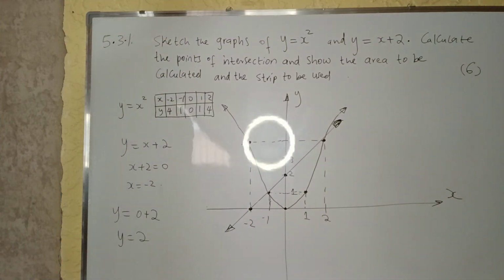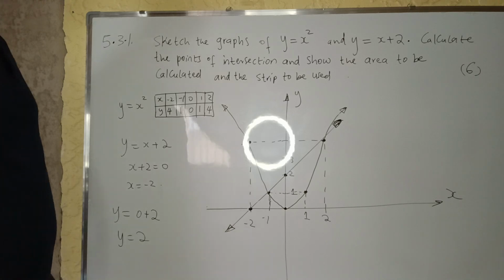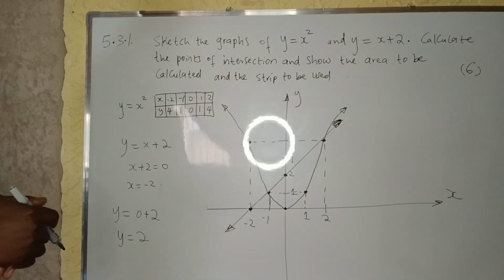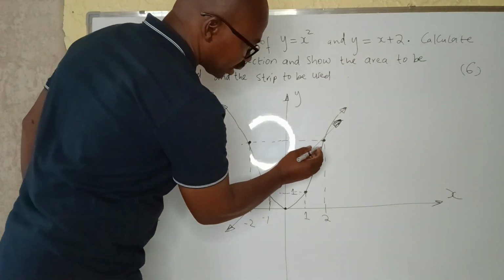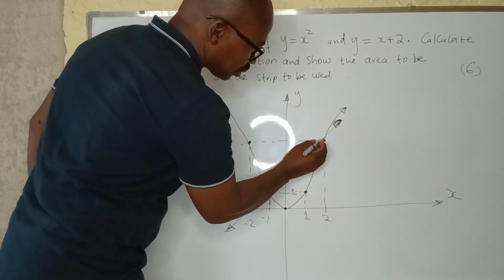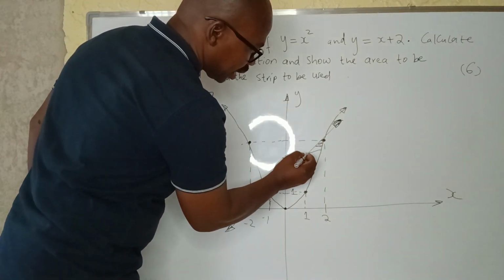So, let us look at the question. Calculate the points of intersection and show the area to be calculated and the strip to be used. The area to be calculated is the area bound by the parabola and the straight line. So the area is this one. This is the area, we shade it.